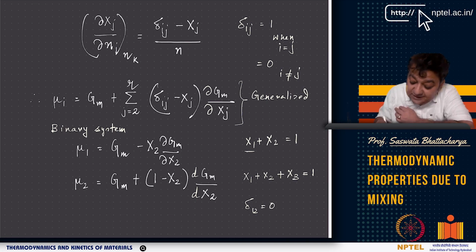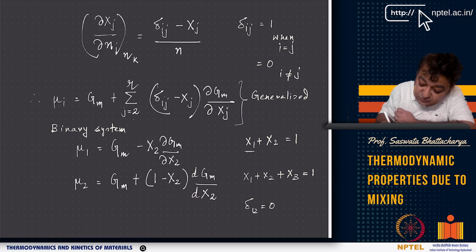And so there is a minus, so it's 0 minus xj, where r is equal to 2 and it starts from 2. So for a binary system this is 2, this is also 2, and since delta 1 2 is 0, you have minus x2 dgm.